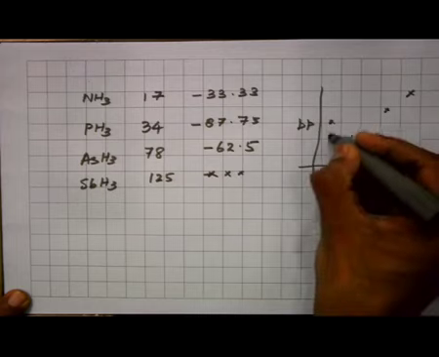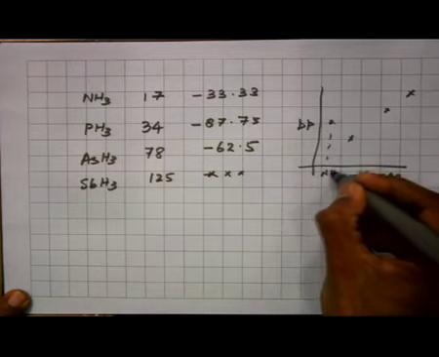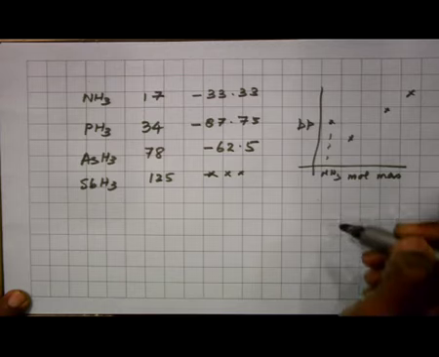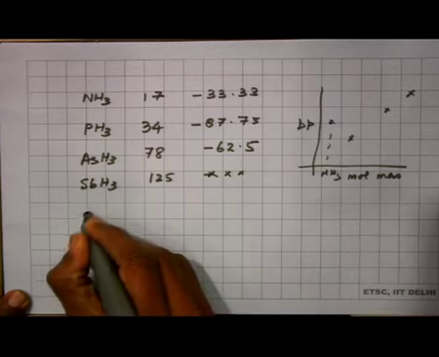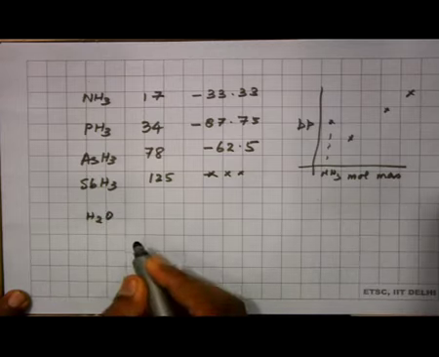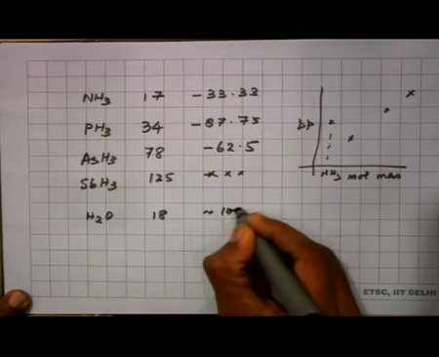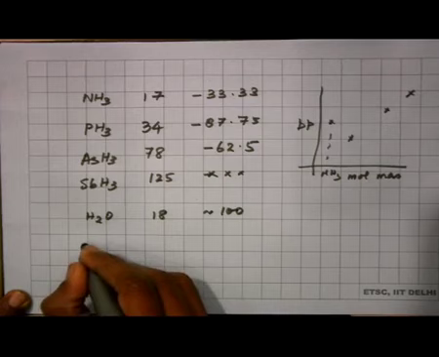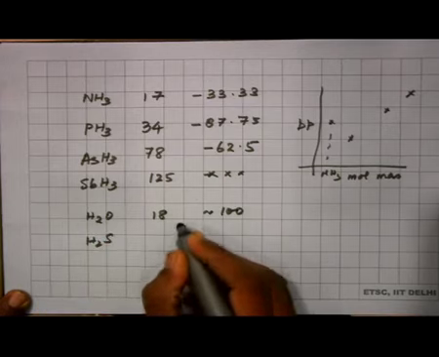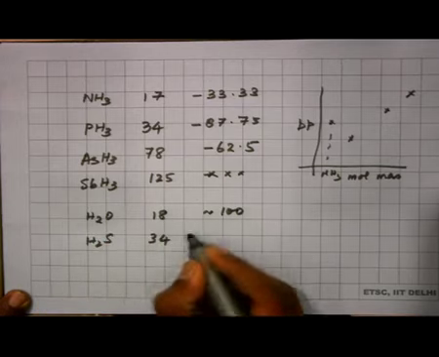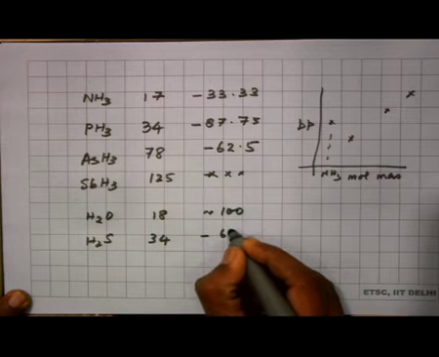that is NH3 is much higher than this, and it is even more dramatic when you look at water with molar mass 18, which is close to 100. H2S, molar mass 34, minus 60.